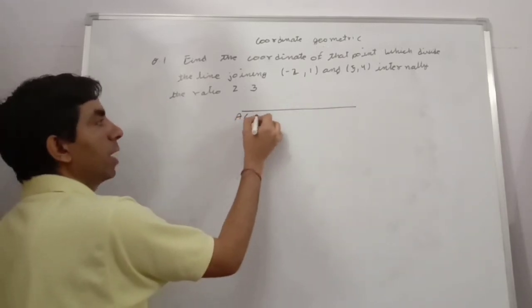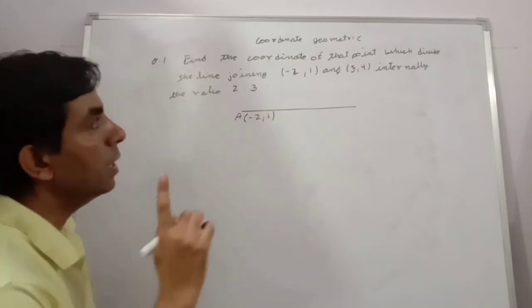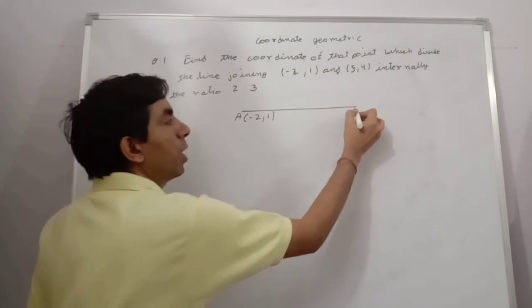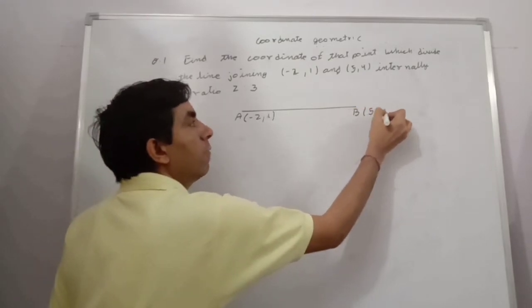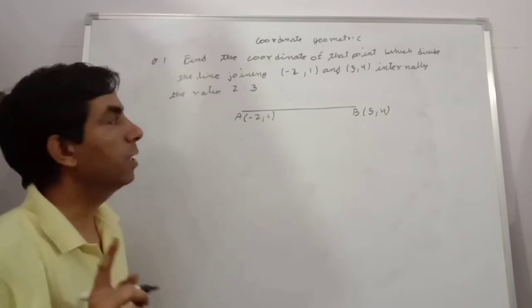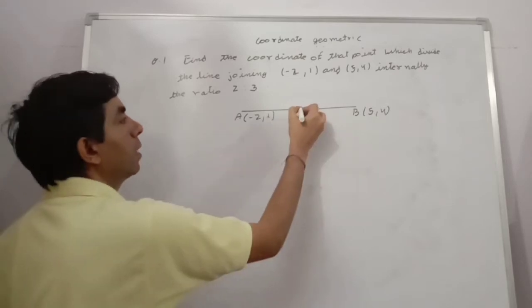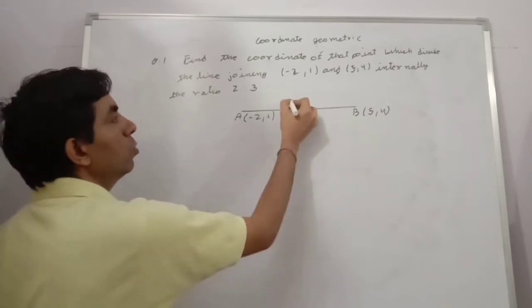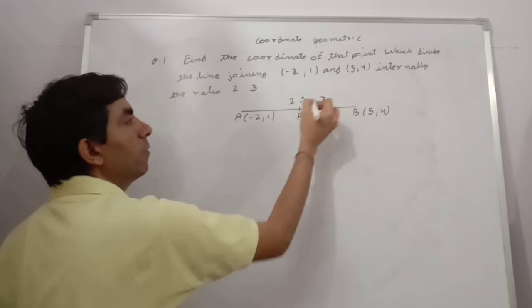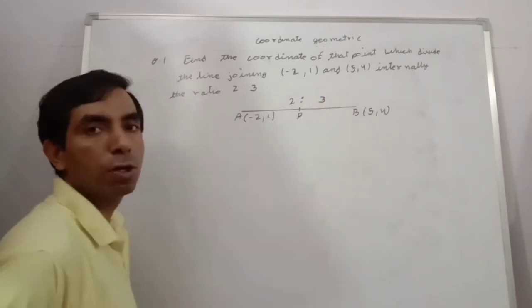A point is (-2, 1), and second, B point is (5, 4). Here we have given 2 point coordinates and a point divides this line in the ratio of 2:3. So we have to find the coordinate of P.